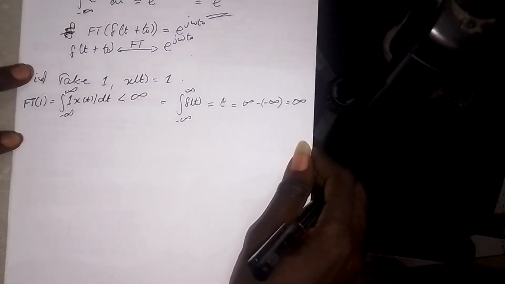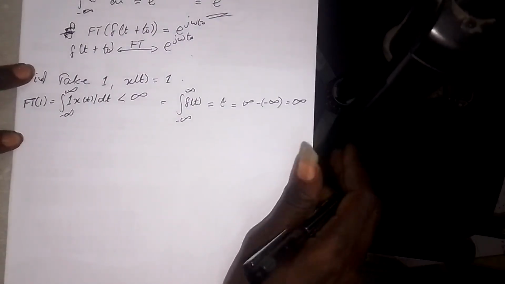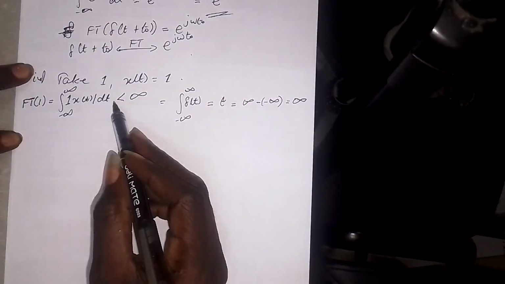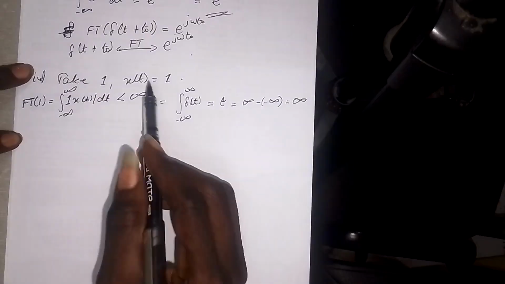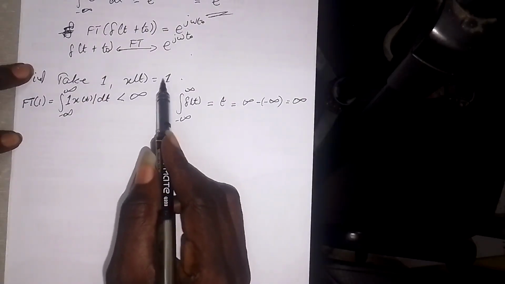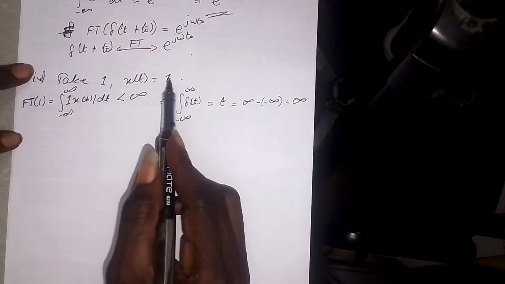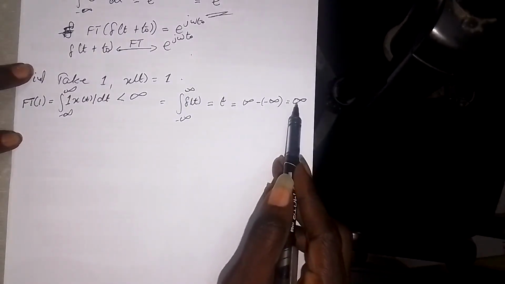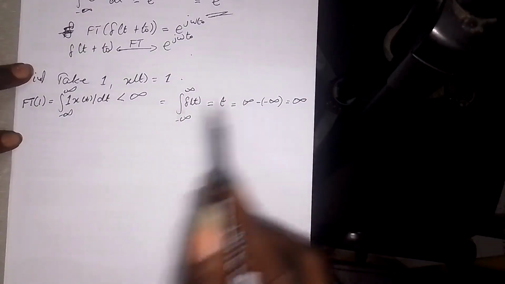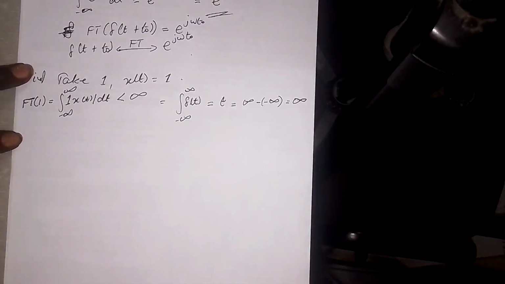So infinity does not satisfy the Dirichlet condition, because the Dirichlet condition requires the integral to be less than infinity, but right now our integral is equal to infinity. So whenever I find the Fourier transform of a constant amplitude like 1 or 2 or 3, I'll have my answer to be infinity, which does not satisfy the Dirichlet condition.